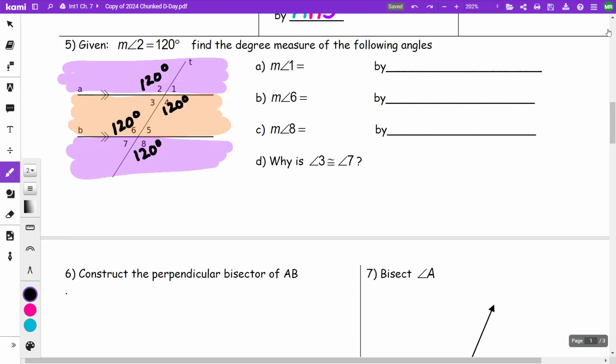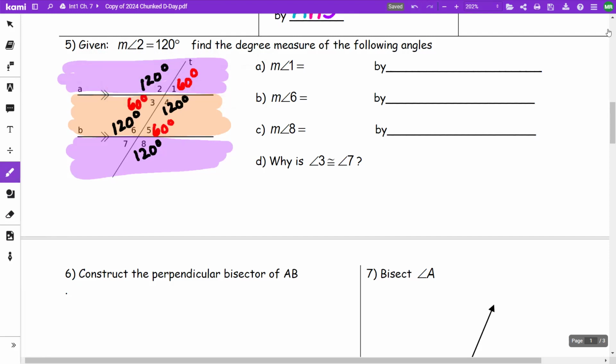Now, to find the other angles, I know that these two here form a linear pair. When you have a linear pair, they make 180 degrees. So together they have to be 180, which means that's 60. This is going to be 60. Those are vertical, so these are going to be 60.